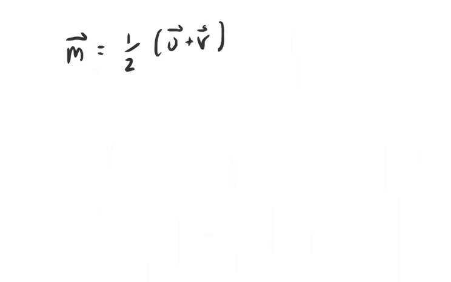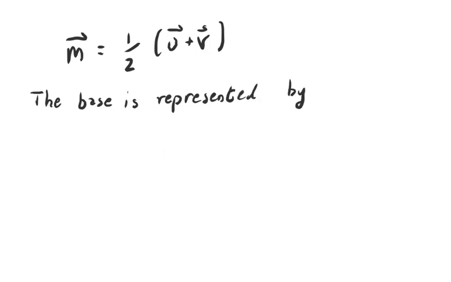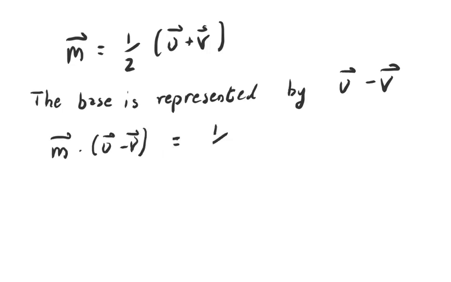So the question is, the base of my isosceles triangle is represented by U minus V. So if I take the dot product of M with the base, that's just U plus V over 2 dotted into U minus V. I can do the dot product easily.